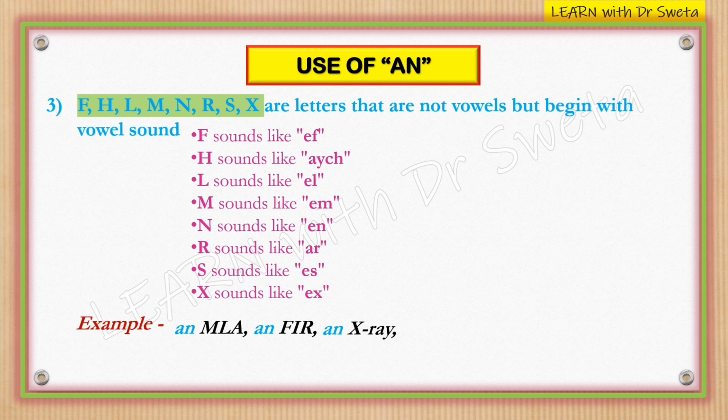An X-ray. The letter X is pronounced as ex, starting with a vowel sound. An NCC officer. The letter N is pronounced as en, starting with a vowel sound. An SP. The letter S is pronounced as es, starting with a vowel sound. An LLB. The letter L is pronounced as el, starting with a vowel sound.